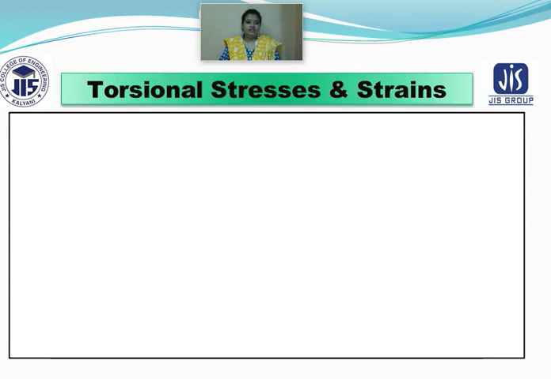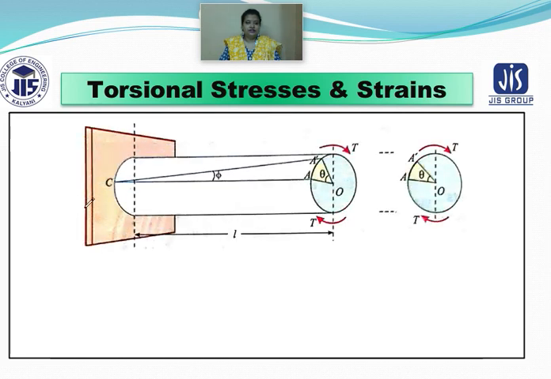Now we are talking about torsional stresses and strain. You can see this is considered to be a circular shaft, L is the length, theta is the angle through which you are rotating it, phi is the angle of twist, and this is the turning force you are applying, or the torsional moment.